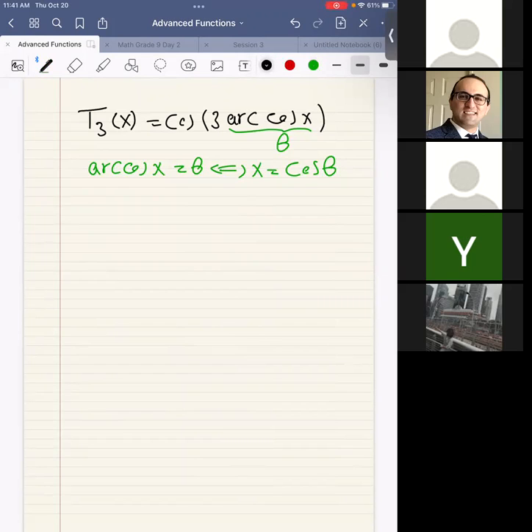Okay, so that means T3 of x is cosine of 3 theta, which is equal to cosine of 2 theta plus theta.